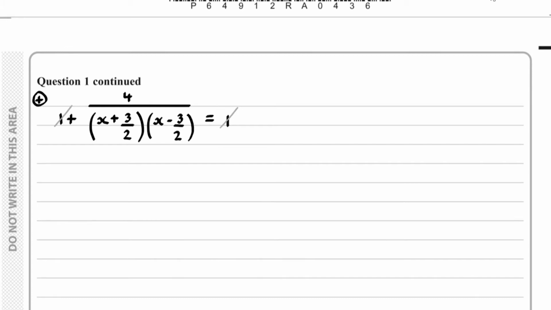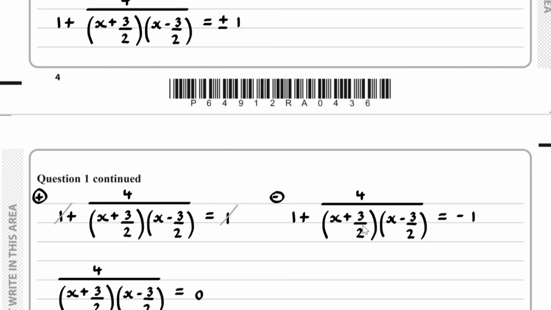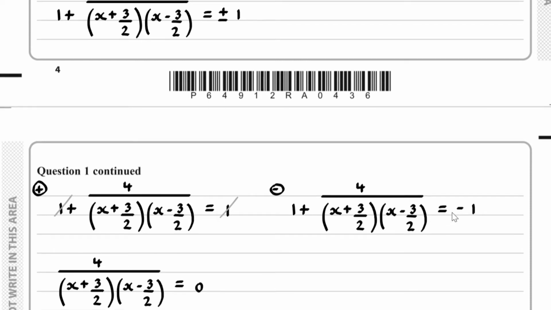So we have 4 over x plus 3 over 2 multiplied by x minus 3 over 2 equals 0. And here we have no solutions. And now if we deal with the negative, we have 1 plus 4 over x plus 3 over 2 multiplied by x minus 3 over 2 equals negative 1.